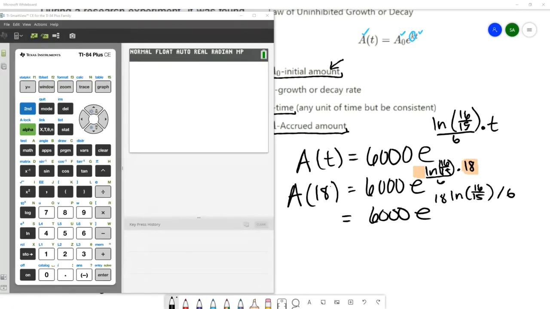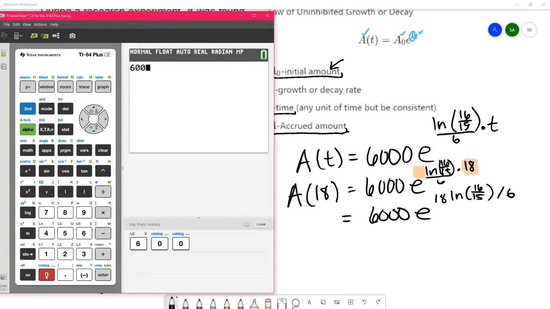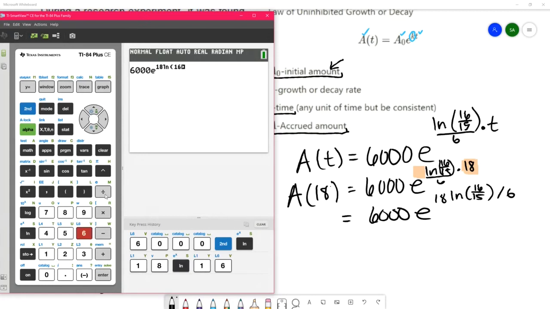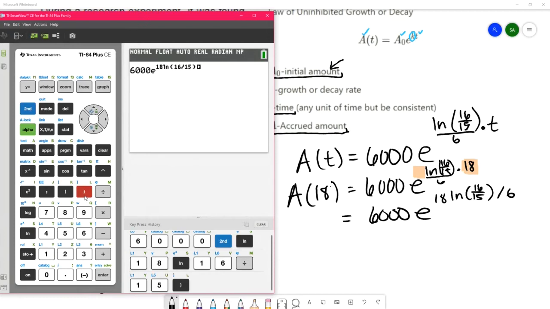Okay, so I have my calculator now, and we're going to type in 6,000 e to the 18 natural log 16 over 15 over 6. So after 18 hours, we have 7,281, maybe we'll round to the nearest whole number, 7,282.